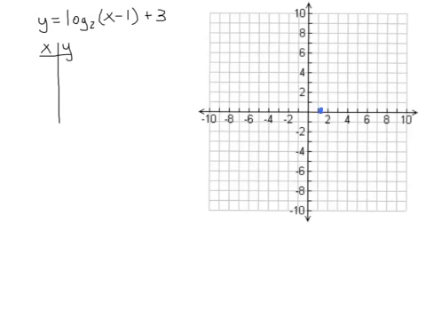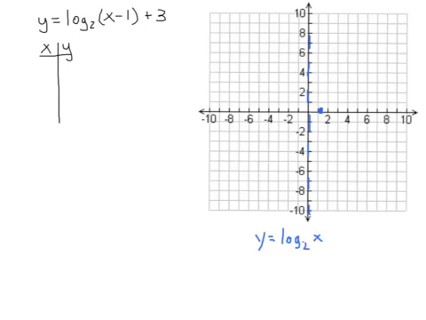Okay. On the exponential graph, we had y equals 0 as a horizontal asymptote. So we're going to have x equals 0 as a vertical asymptote. Okay. And if we're thinking about y equals log base 2 of x, that's looking at powers.